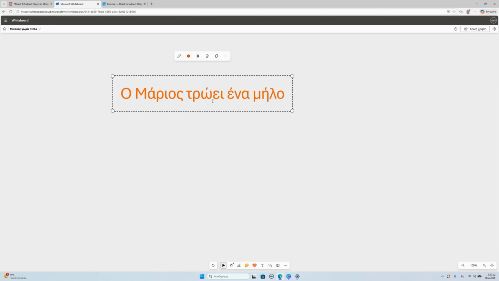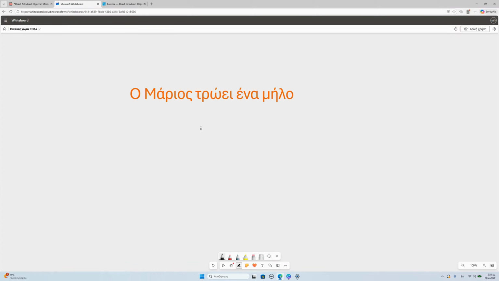Let's start with the analysis of this phrase, which is very, very simple. In grammar, the first thing we have to do is start from the verb. So what is the verb here? The verb is τρώει. So τρώει είναι το ρήμα, the verb.